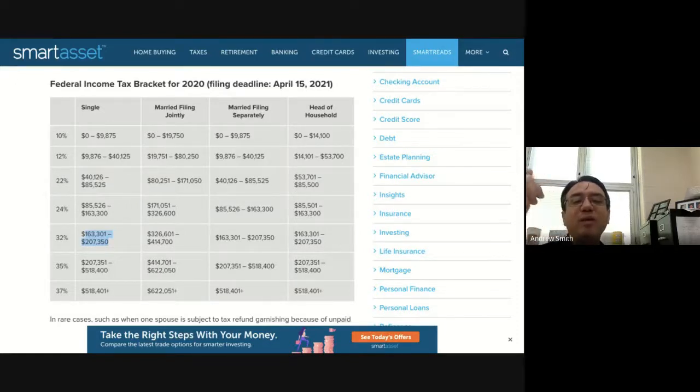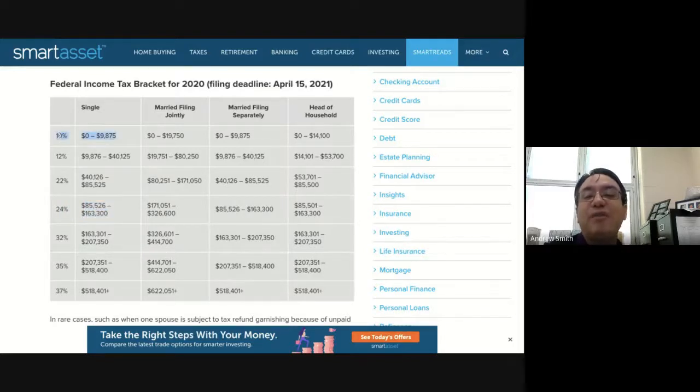And what we mean by that, and again, remember, marginal means the next one. So marginal tax rates, then, somebody making $100,000 does not pay $24,000 in taxes, okay? They only pay 24% on every dollar they make over $85,526, okay?